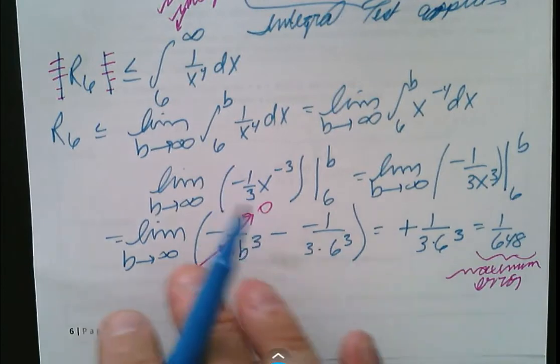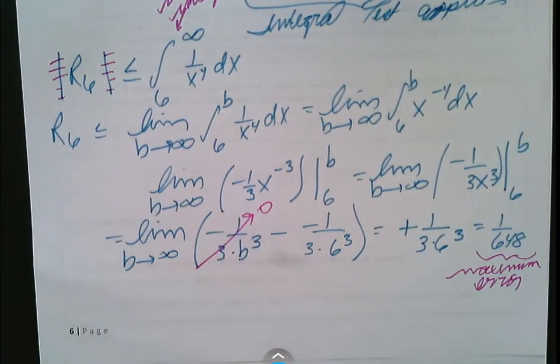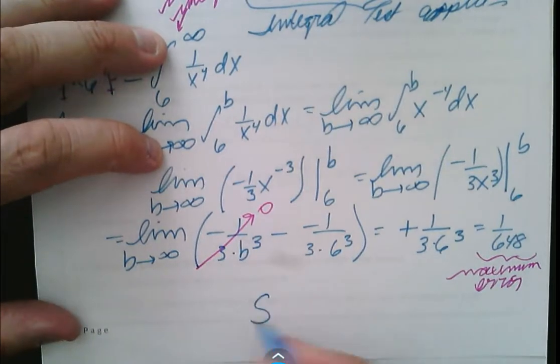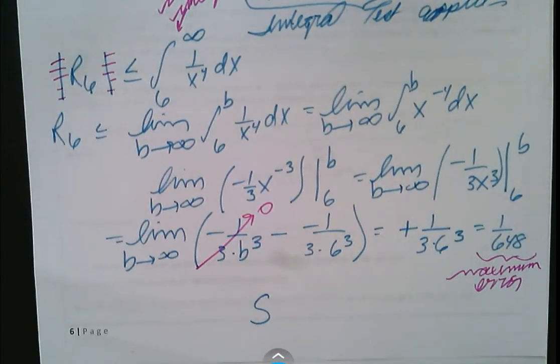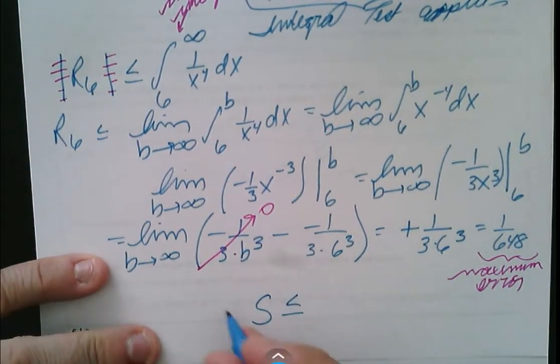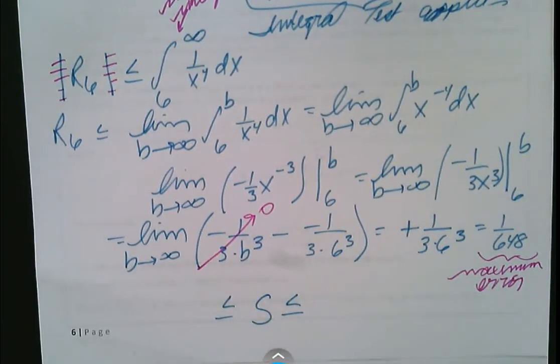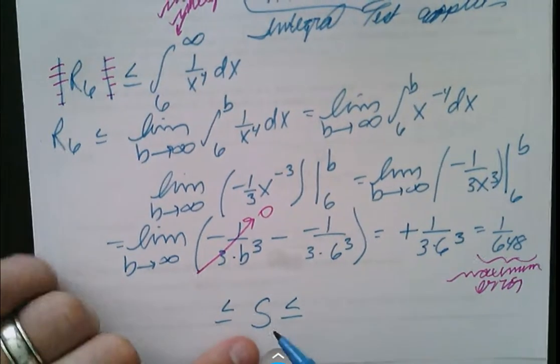A follow-up question, it's not here in the handout, but it could be, is that they'll say, okay, well, if that's the maximum error, can you give me a bound for the true sum being s? Is there a greatest value and is there a smallest value? Well, what do I know?